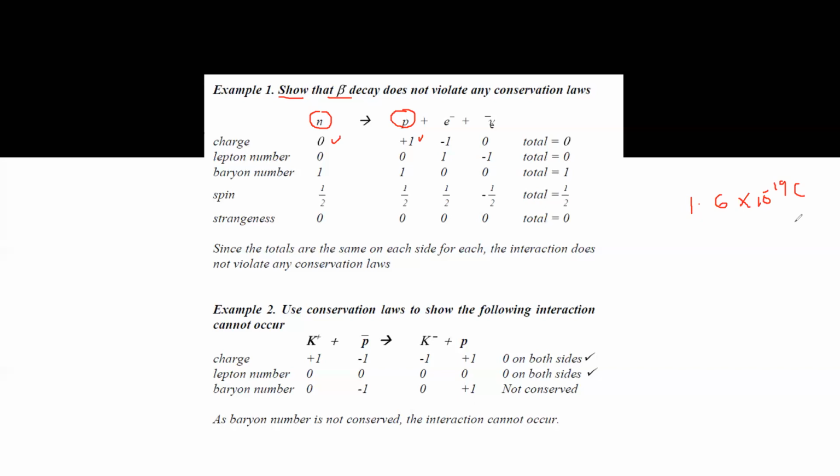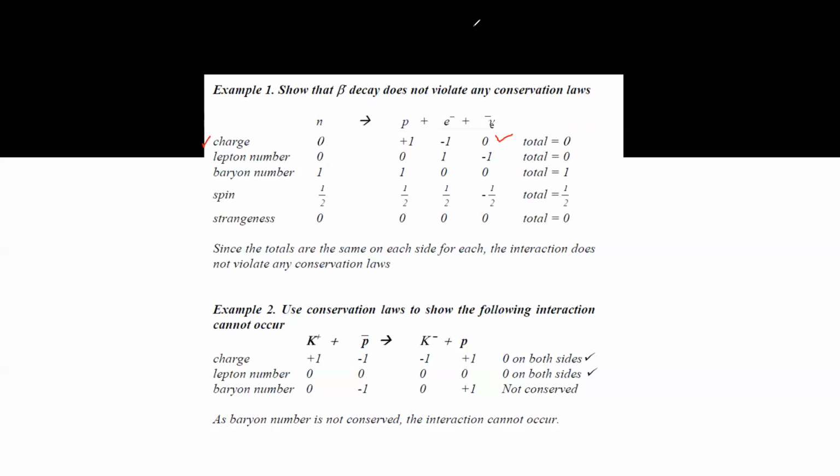That's why it's called plus one. Electron is minus one, and the anti-electron neutrino, like all neutrinos, has zero charge. So you can see this side is zero, and plus one and minus one also makes zero. So it shows that the charge is conserved on both sides.